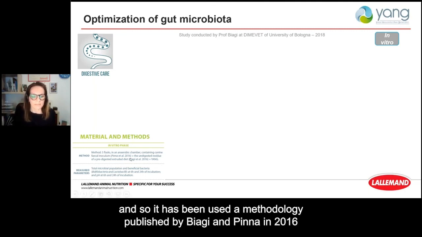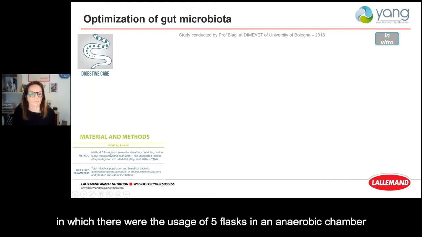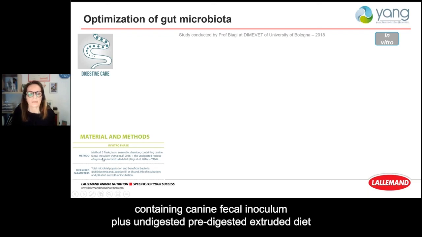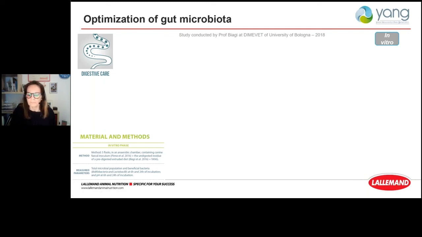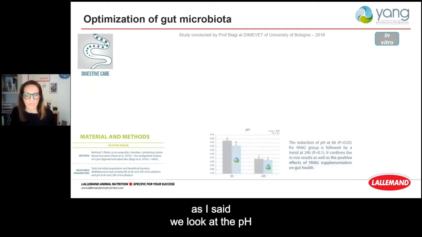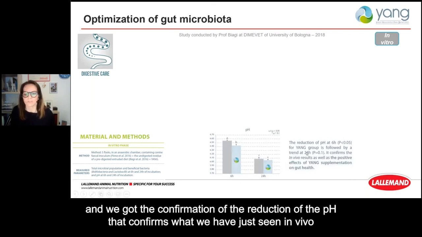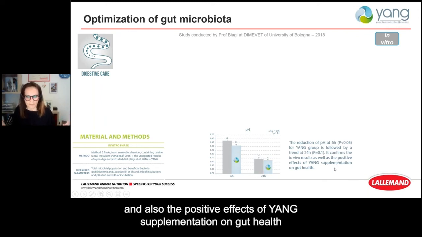We used a methodology published by Biagi and Pinna in 2016, using 5 flasks in an anaerobic chamber containing canine fecal inoculum plus a pre-digested extruded diet. As I said, we looked at the pH and we got a confirmation of the reduction of the pH that confirms what we have just seen in vivo, and also the positive effect of Young supplementation on gut health.